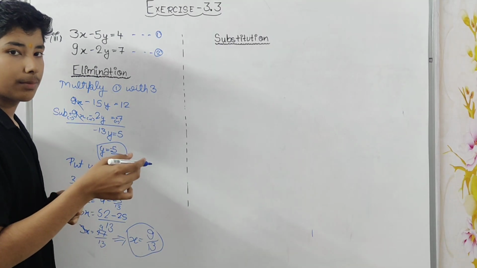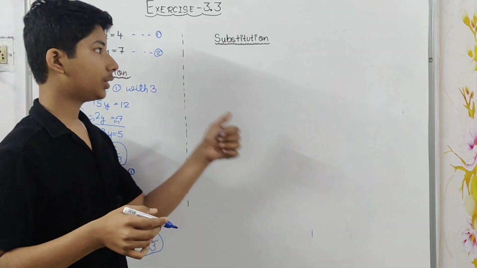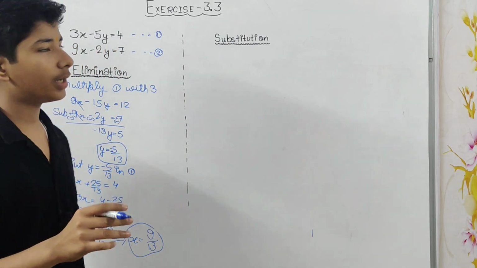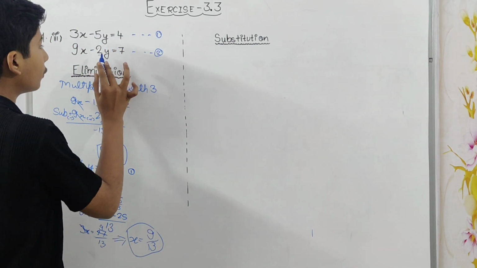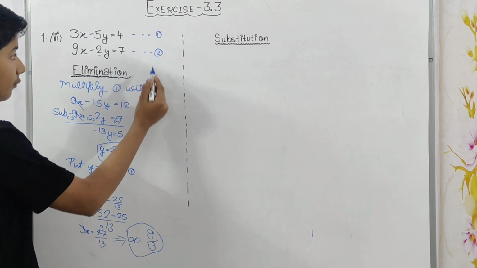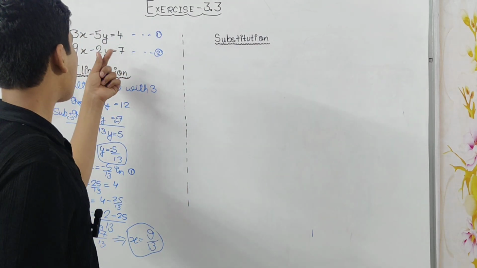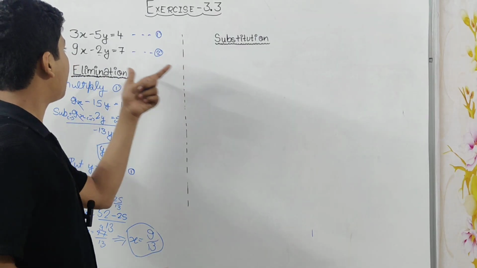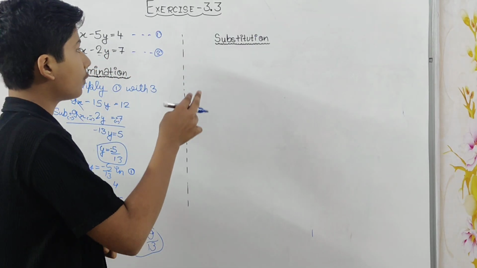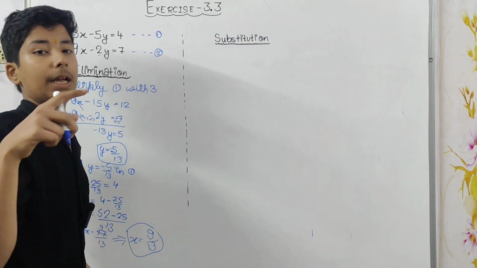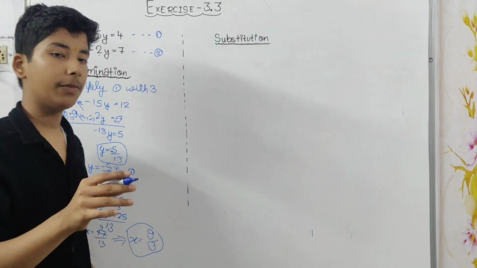Now we will come to our next method, which is the substitution method. Here we have to see the smallest coefficient, which is 2, and it is in the second equation. So what we will do? We will use this 2 and we'll find out something to substitute in the first equation, and then we'll substitute and then we'll find the values.